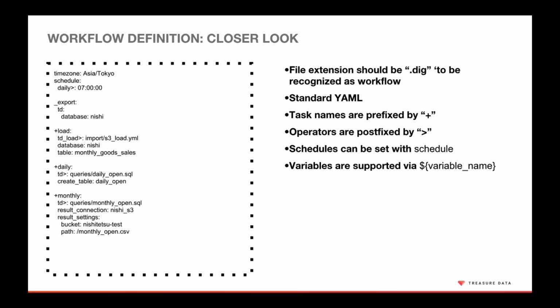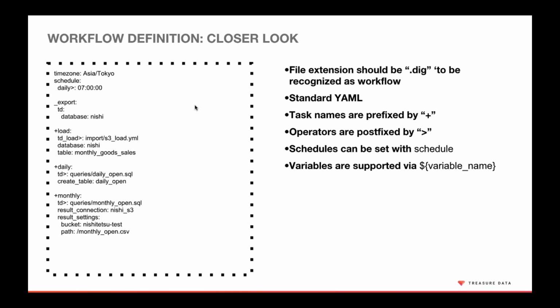So this is what a sample workflow script might actually look like. As I mentioned before, this is YAML syntax, and the different operators are grouped into tasks that start with a plus sign. And so what's happening in this script here is a time zone and a schedule is set, a database variable name is set, and then there are 3 tasks that start with a plus sign: a load, daily, and monthly.